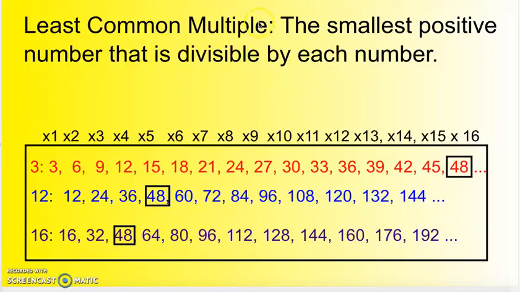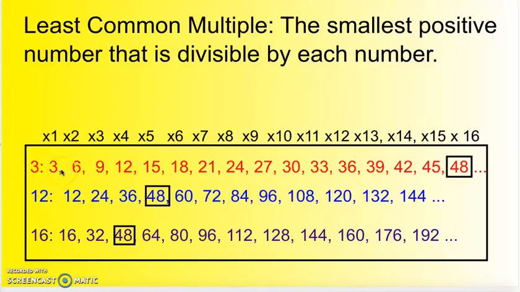So least common multiple is the smallest positive number that is divisible by each of the numbers that we're looking at. So if I'm looking at three numbers, I'm looking for the smallest number that they all share, and that is divisible by them.